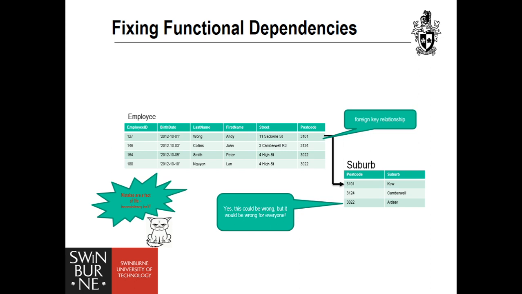The suburb is mentioned only once and clearly defined by the postcode. The postcode also has to appear in the original table as a foreign key. Note that we now have a one-to-many relationship. Many employees may live in the same suburb, but only in one at any given time.